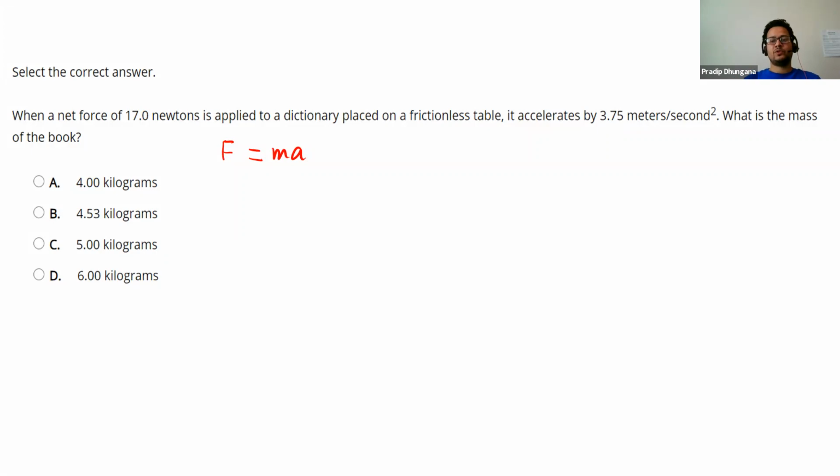We have force and acceleration, so use that information to calculate mass. I'll give you around 1 minute to solve this problem. Take your time, plug in force and acceleration and calculate the value of mass. Once you calculate, make sure to answer in the poll, or you can write your answer in chat, or annotate on the screen and circle the correct choice.